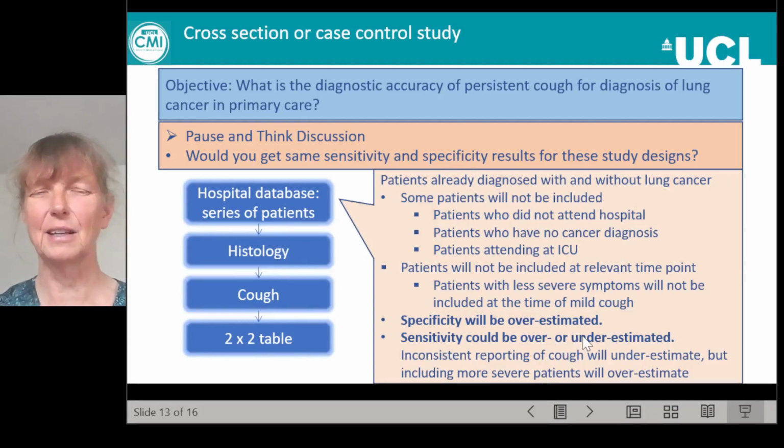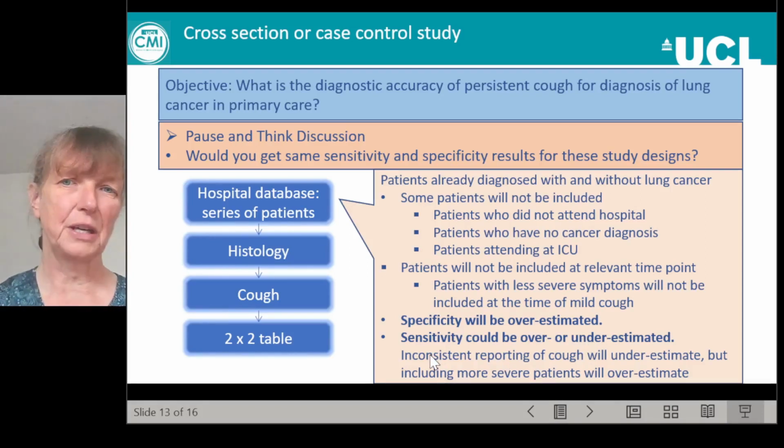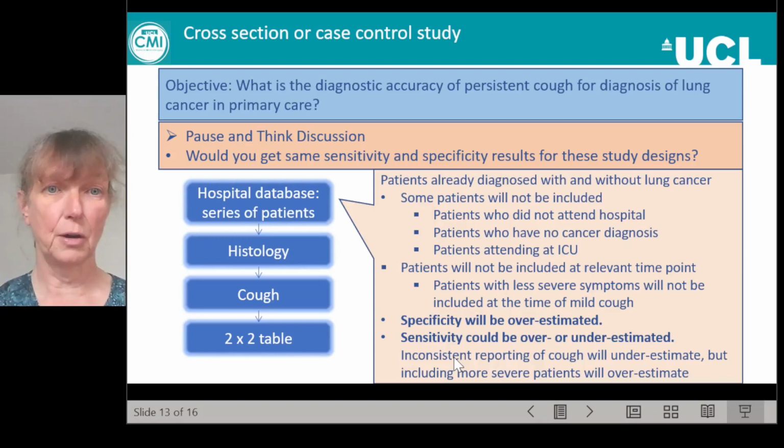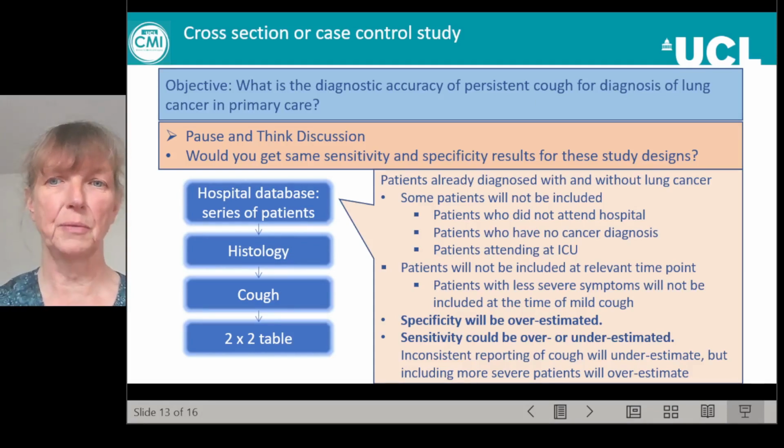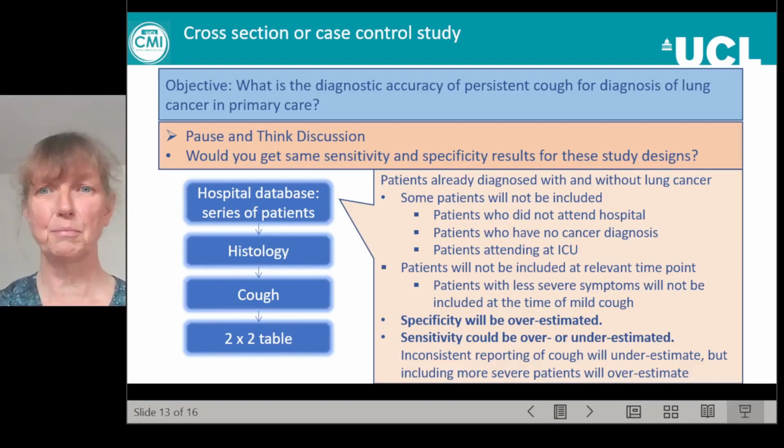I'm guessing it'll be underestimated, because there'll be inconsistent reporting of the cough in the hospital notes, because it may not be considered important if it's not a test being used by the clinicians in the hospital. There is a possibility it's overestimated because we've got more severe patients, but I think overall it'd probably be underestimated. Okay, so we've got a problem with both the sensitivity and the specificity, so this is not a great study design for this question.